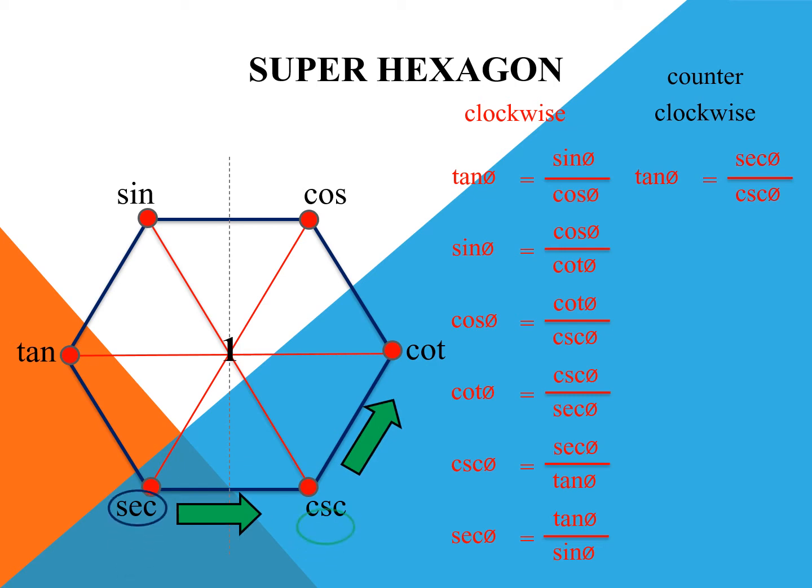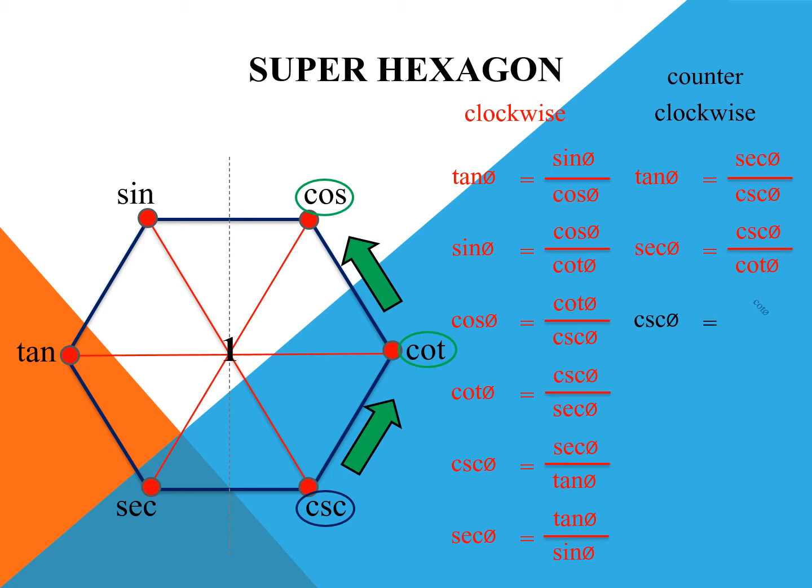Secant theta is equal to cosecant theta over cotangent theta. Cosecant theta is equal to cotangent theta over cosine theta.